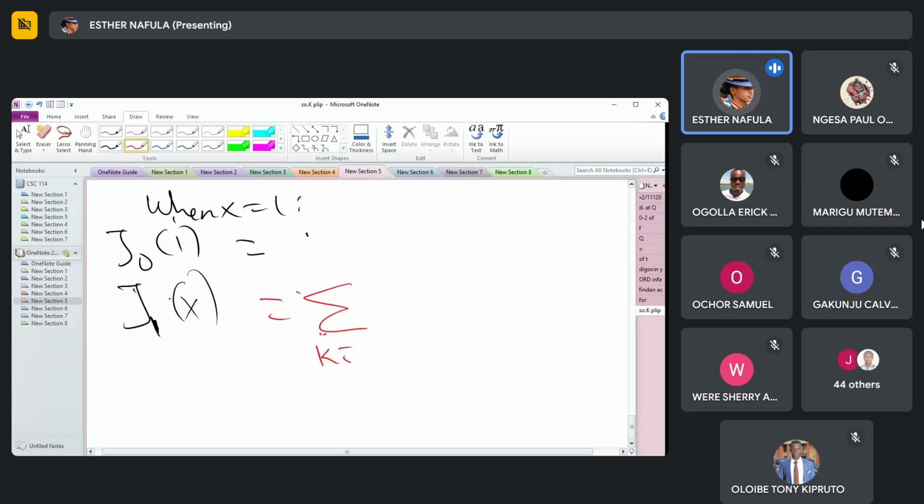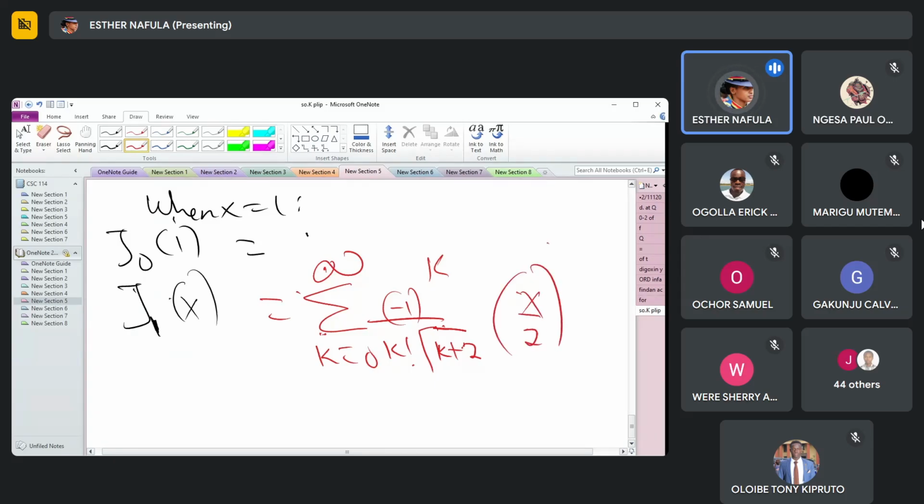Summation from k is 0 to infinity, minus 1 power k over k factorial, gamma of k plus p plus 1, with p is 1, gamma of k plus 1 plus 1, times x over 2 to 2k plus p, that is 2k plus 1.